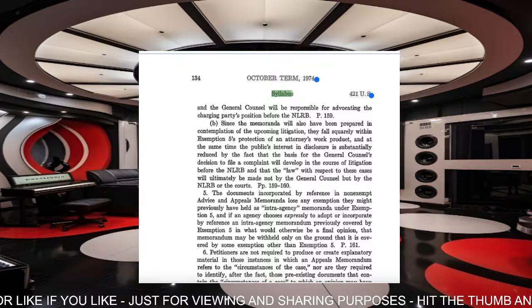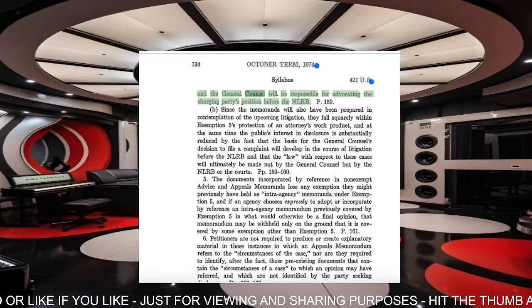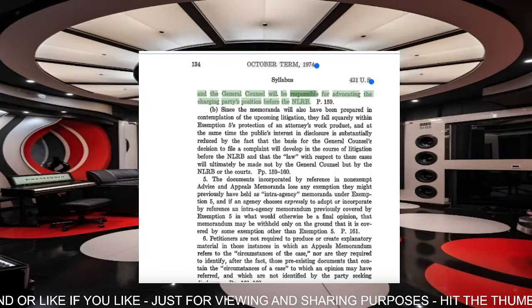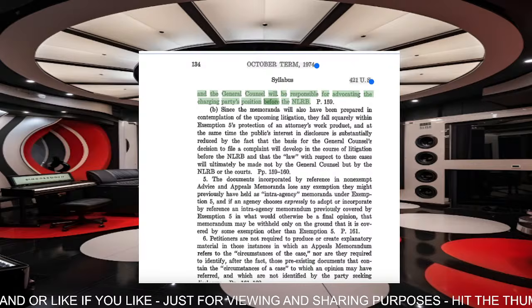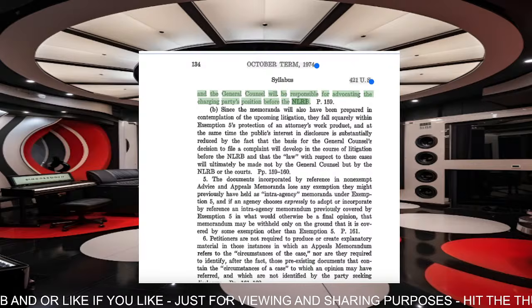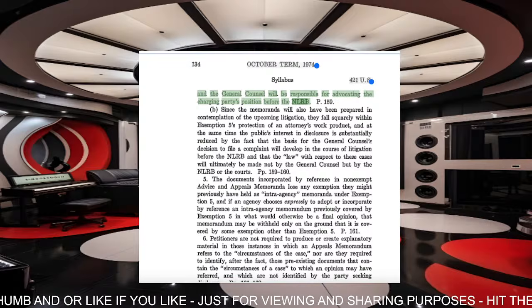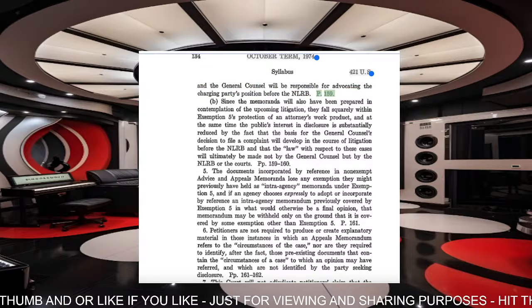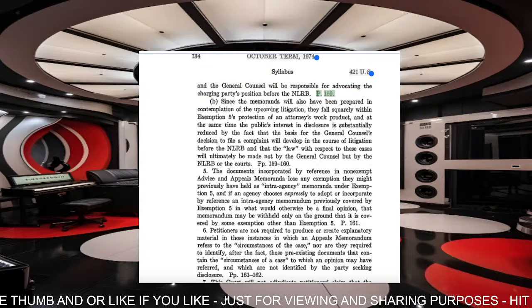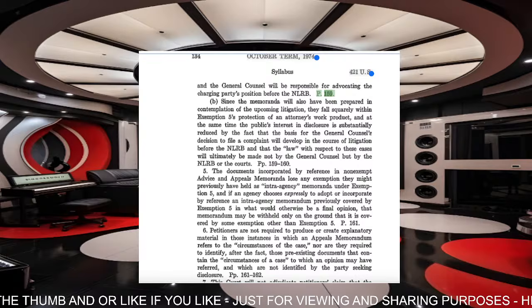And the General Counsel will be responsible for advocating the charging party's position before the NLRB. p. 159.